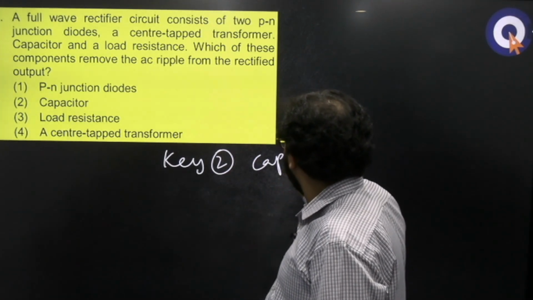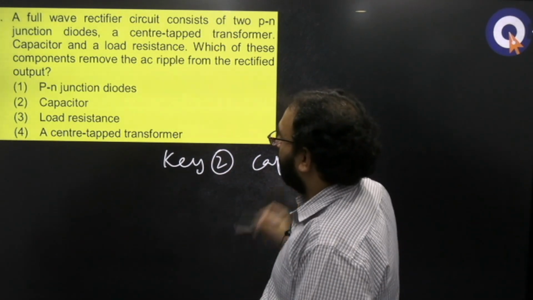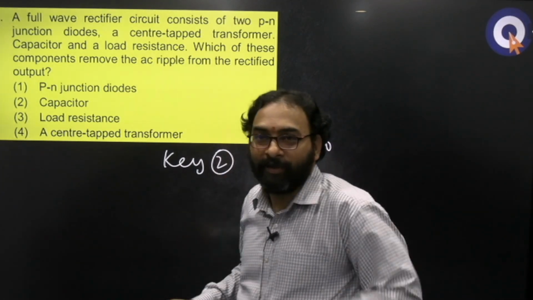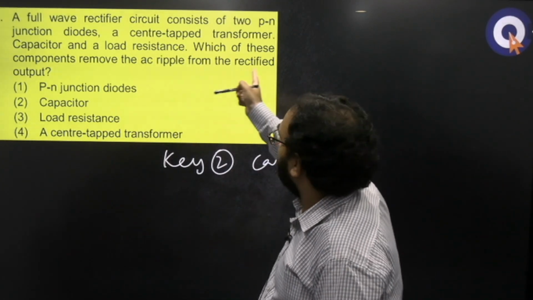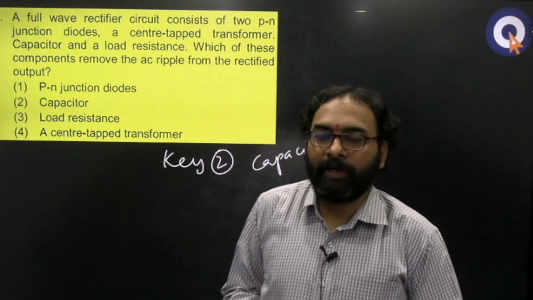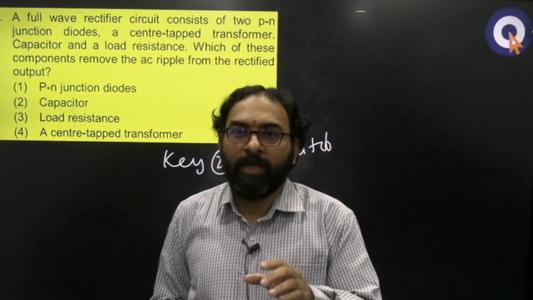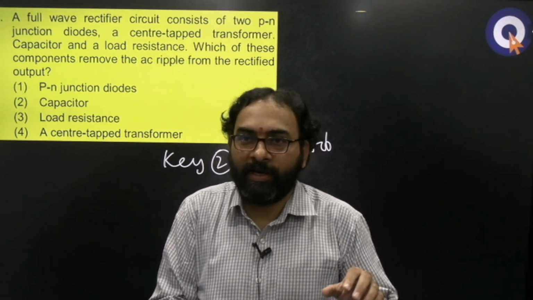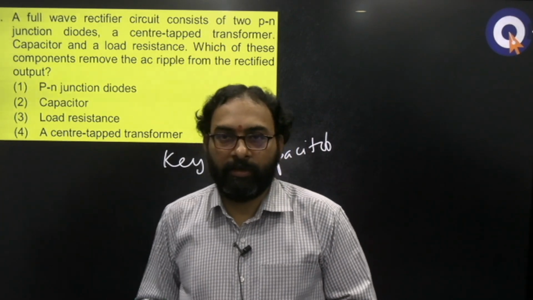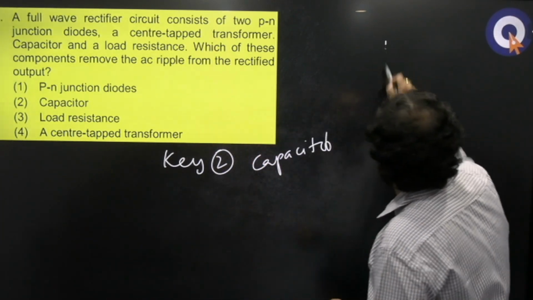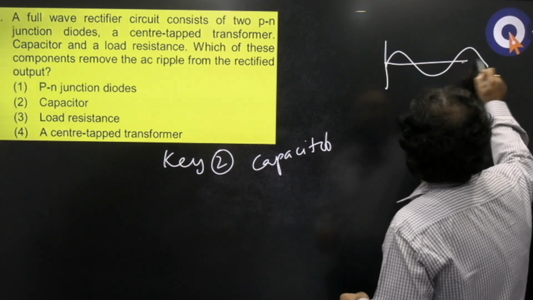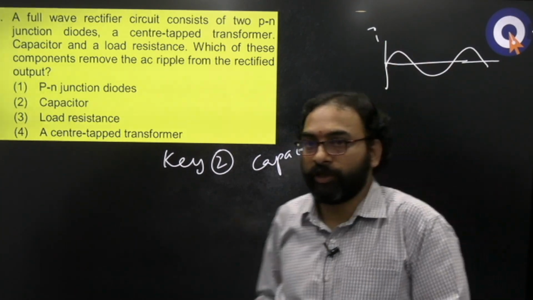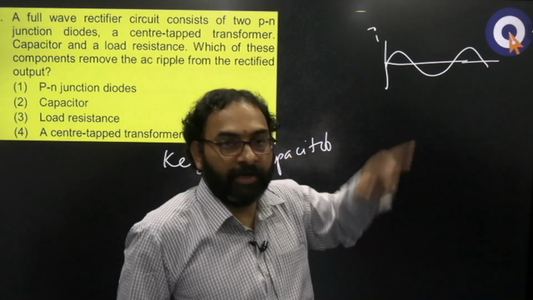So what is the role of the capacitor? This capacitor removes the AC ripples, the fluctuations, from the rectified output. Rectification means conversion of alternating current into direct current. Alternating current alters; if we consider a sinusoidal variation, then this is the alternating current.